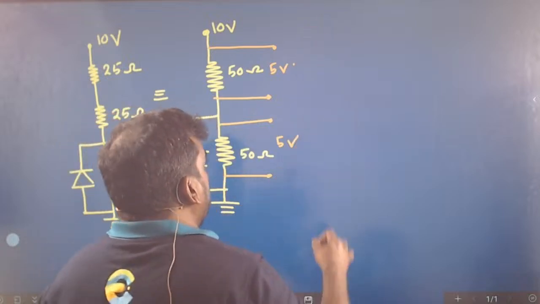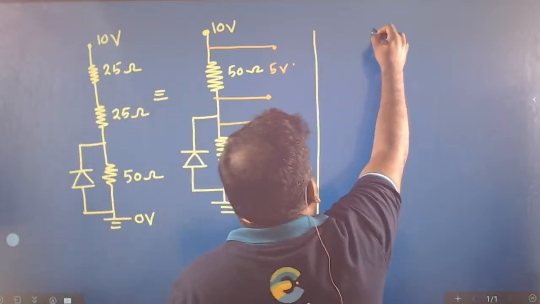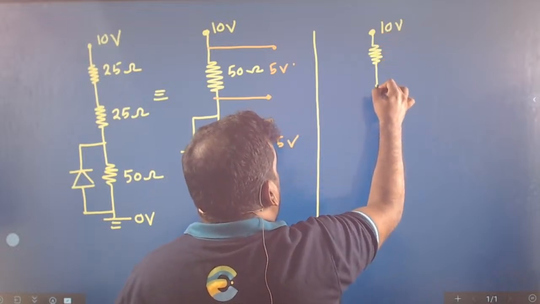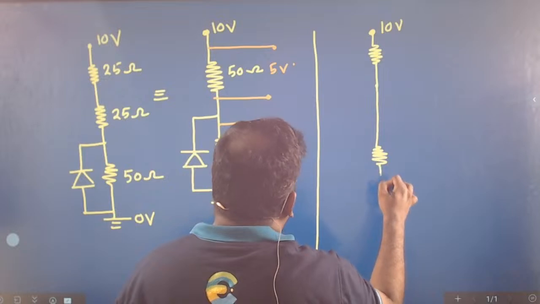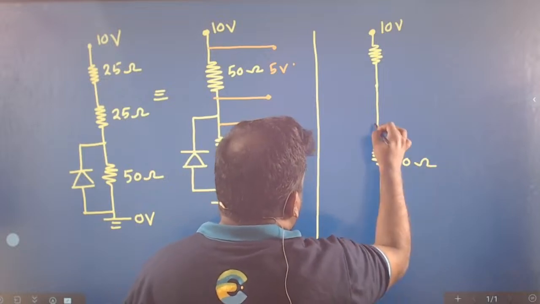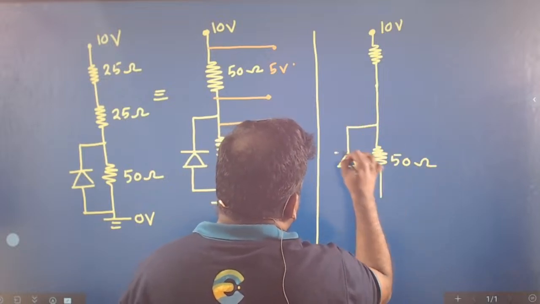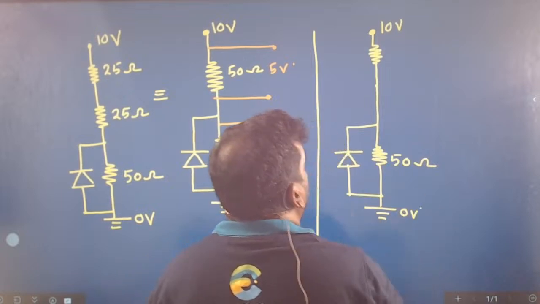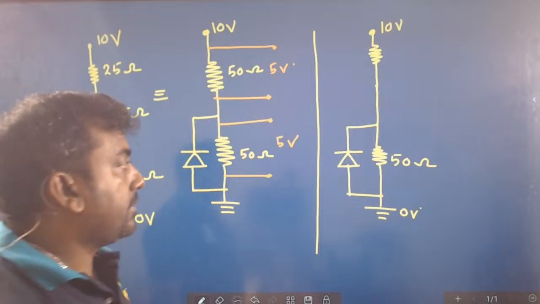Next situation, here 10 volt, 25 ohm is there, 50 ohm, diode is there. Here grounded 0. Okay.